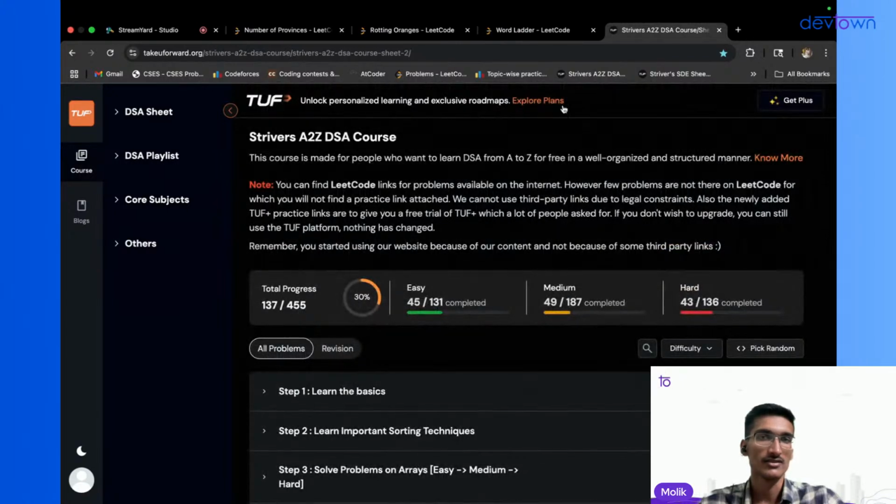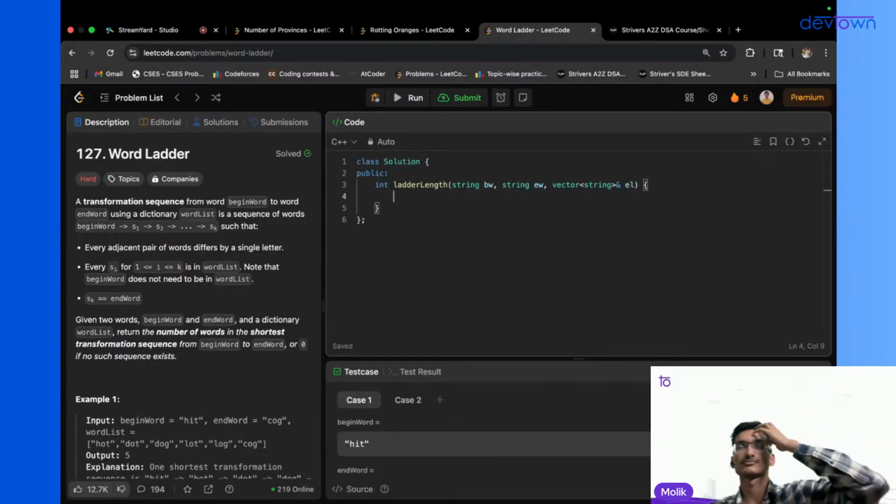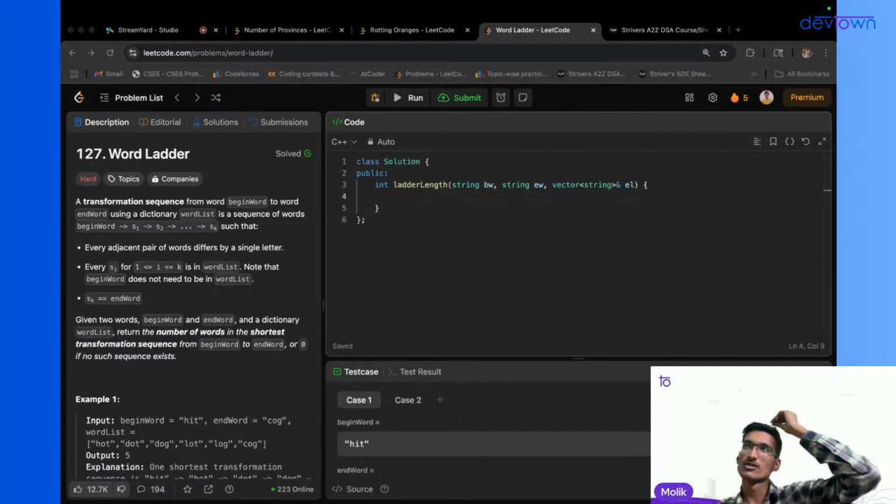When to use BFS? You will understand it while solving many problems. There will be problems where you will be asked to calculate some time based on some conditions.